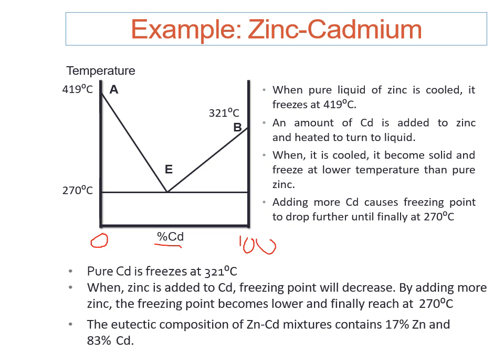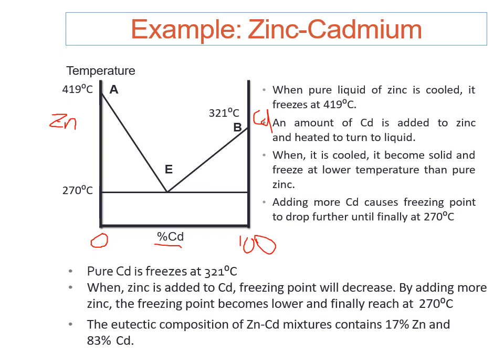So once it has 100% cadmium, this is the axis of cadmium, and this means the other one would be the zinc axis.